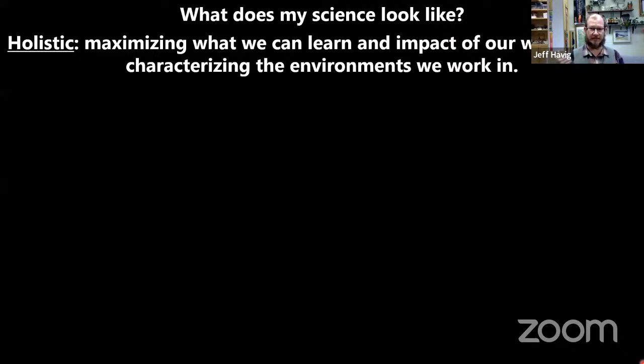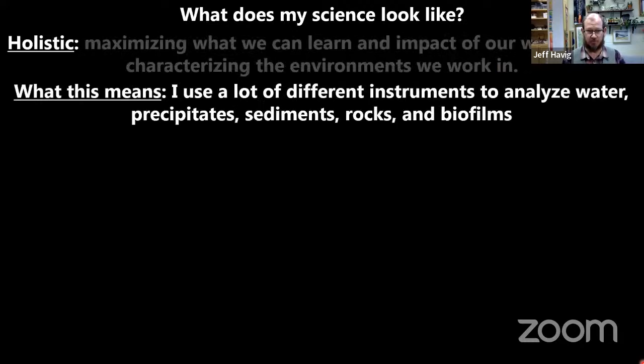My science looks like a holistic approach. So I like to characterize the geochemical environments that I study as much as possible to maximize the impact of our work and to make it as useful as possible for others. And so this means I end up needing to use a lot of different types of instruments to analyze precipitates, sediments, rocks, biofilms, water.